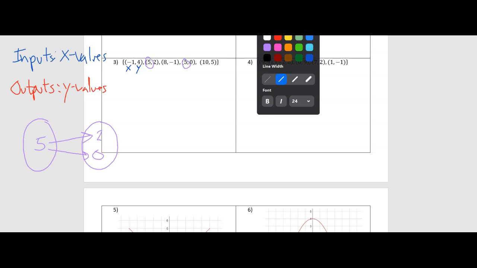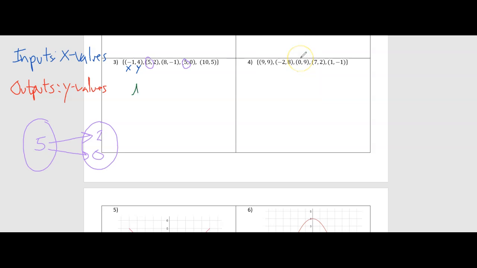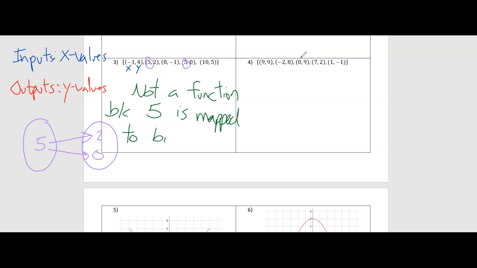Each input can only go to one output. So we would say not a function, because 5 is mapped, or you could say goes to both, is mapped to both 2 and 0.